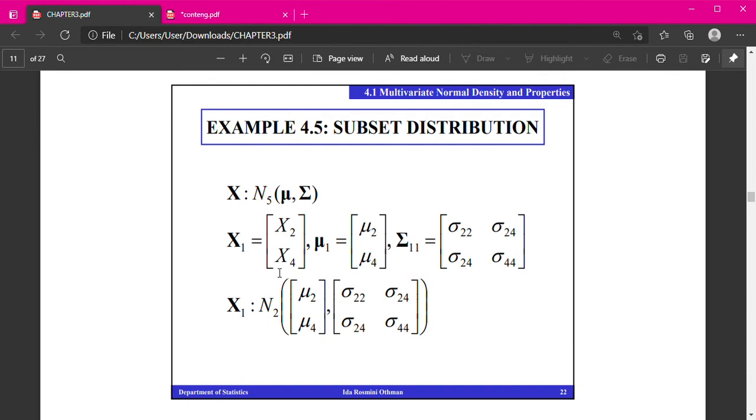Kita separatekan dia. Okay, so kat sini yang dia tulis ni untuk part yang pertama sahaja. Subgroup yang pertama which is X2 dan X4. So mu dia pun kita ambil mu2 dan mu4. Dan sigma 11 ni adalah part yang pertama. Okay, untuk group yang pertama, untuk X2 dan X4.